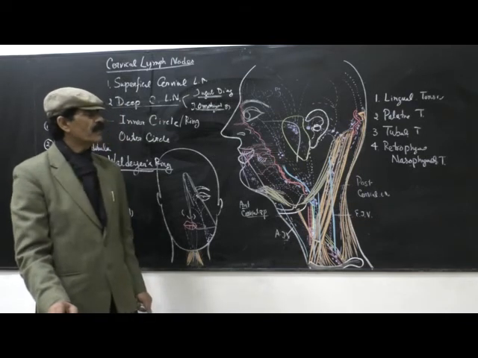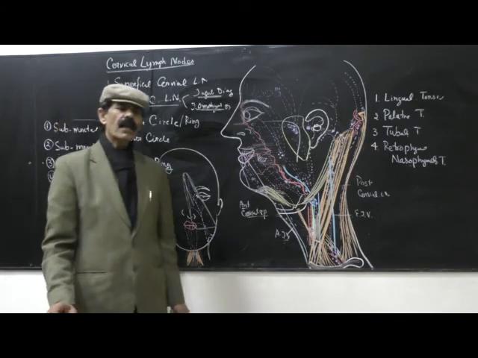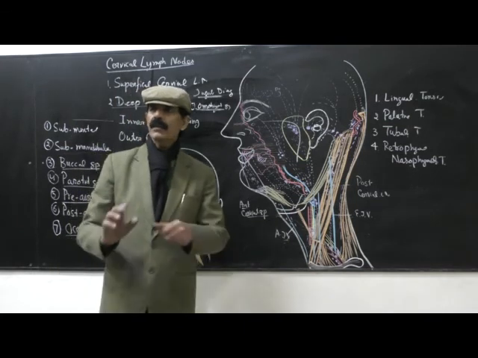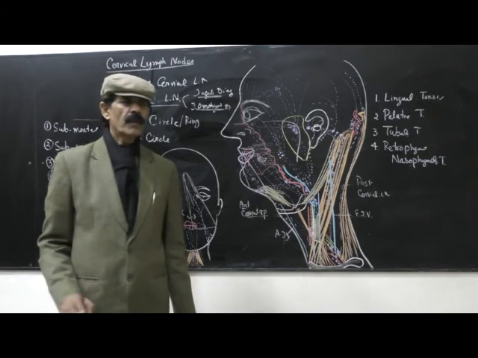So this wide variety is collected in the Waldeyer's ring, which is the deep inner circle of the cervical group of the lymph nodes.